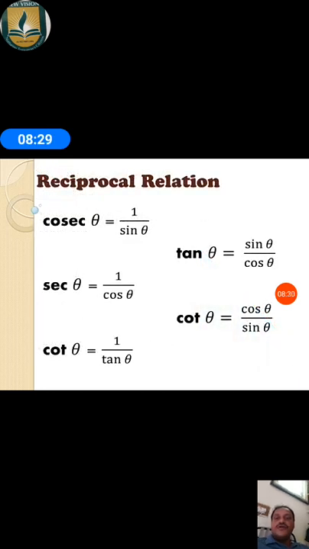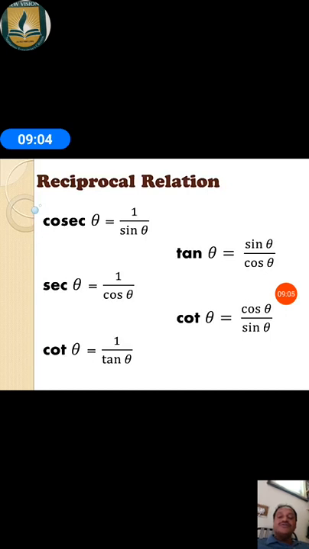Now we have the reciprocal relations. From the definition of these trigonometric ratios, we can easily observe that cosecant theta equals 1 by sine theta. That means cosecant theta into sine theta equals 1, and sine theta equals 1 by cosecant theta. Secant theta is defined as 1 by cos theta. That means cos theta into secant theta equals 1, and cos theta is 1 by secant theta.